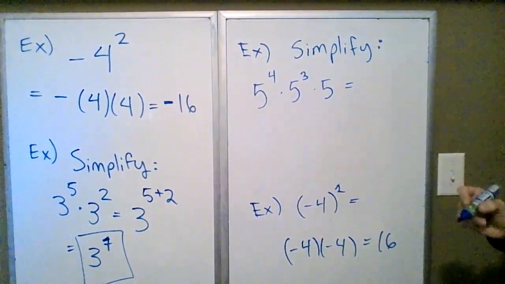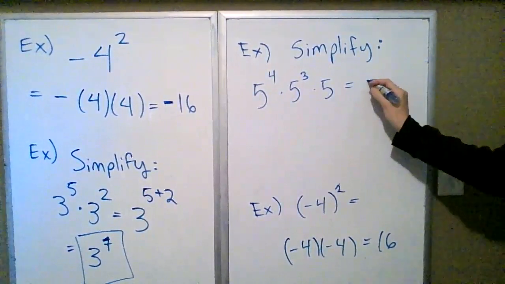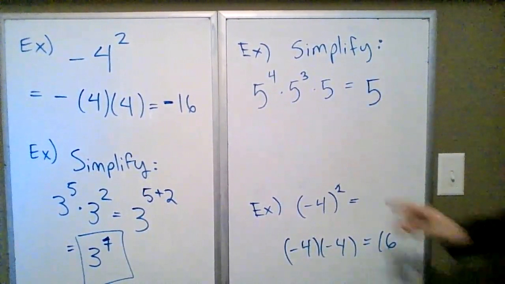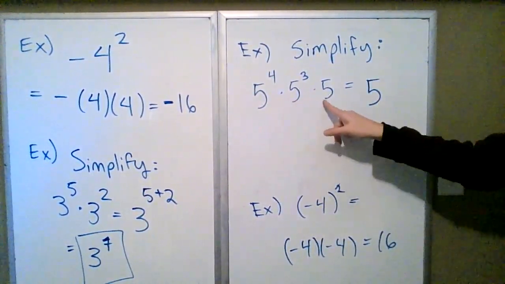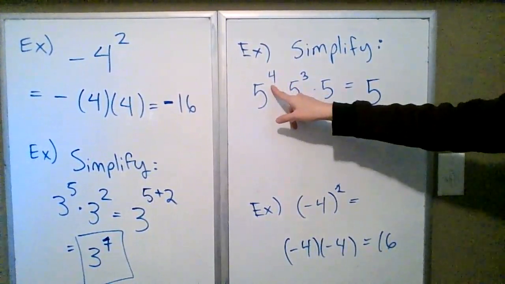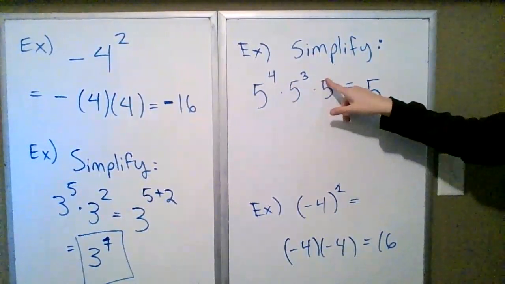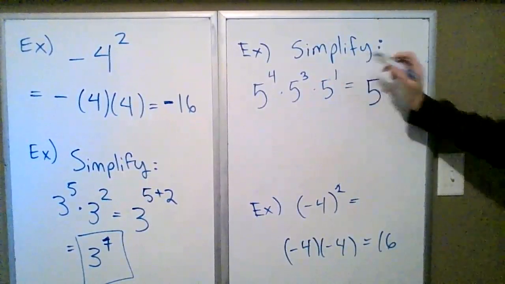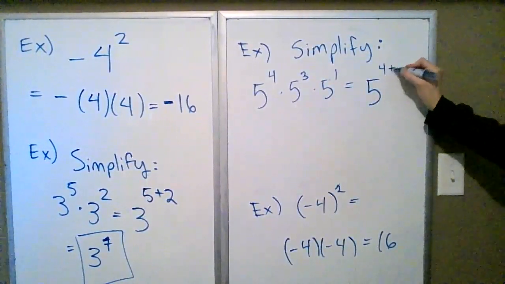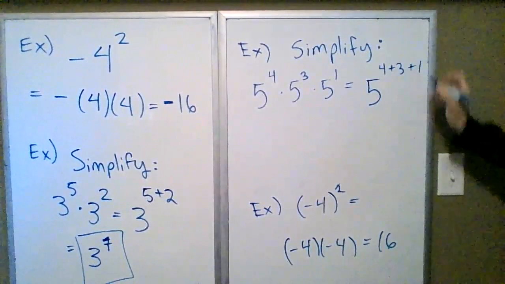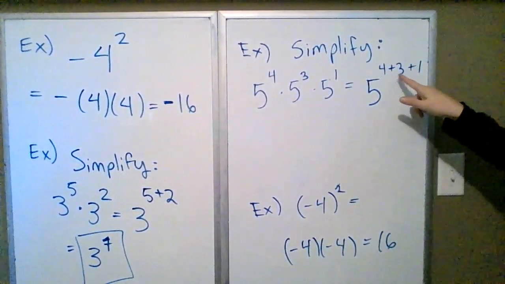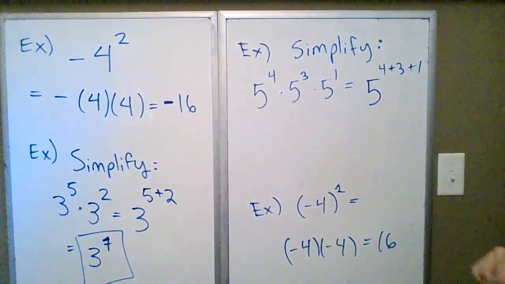We have the same base of 5. And when you multiply numbers with the same base, you will add the exponents. So we have 4 plus 3 plus 1. So I have 5 to the power of 8.